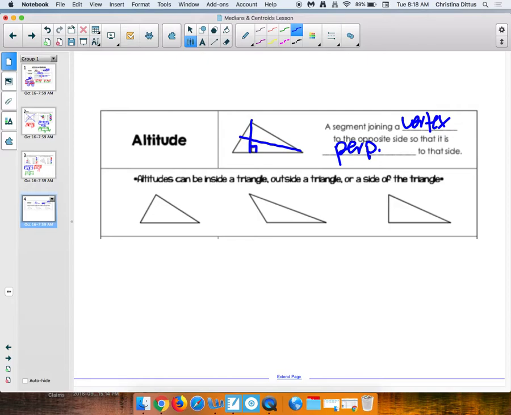They come different ways. This one, vertex here, that's there. This one is actually outside, so like if you extend this, and then this one in a right triangle, it's actually a side length. So altitudes, if you see anything that goes from a vertex to a right angle, that's altitude. Medians, remember, vertex to midpoint. That's the difference between those two. Okay? Just something real quick and fun.